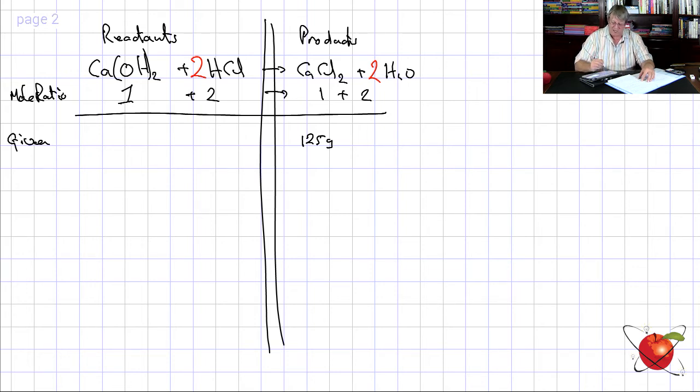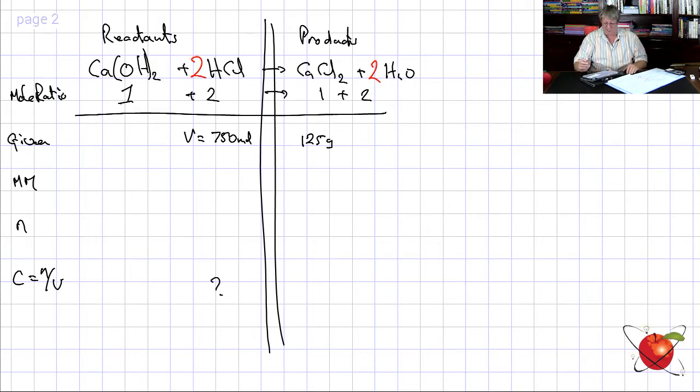Now remember, my guys, given, the next step is molar mass. Next is concentration is N over V. So I'm given a volume over here, given a volume of 750 mil. Okay, can you see that? And now the next step is calculate the concentration. So that's where we're headed.